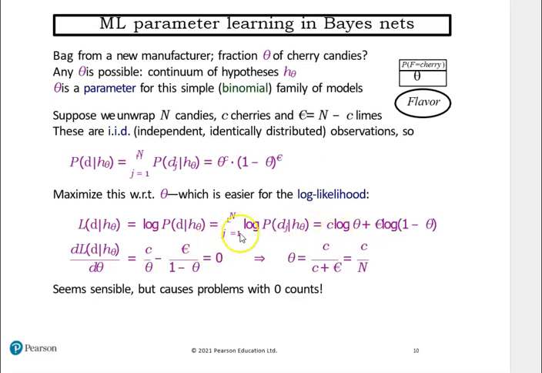Second step, take the derivative of this likelihood with respect to each parameter. So in this case, we only have one parameter, but in general, we could have many, many parameters. And then finally, find the value of the parameter that makes the derivative equal to 0. Okay, because that will give us the maximum value.